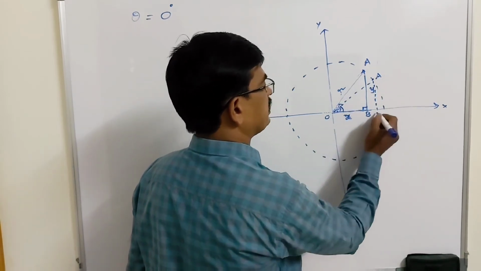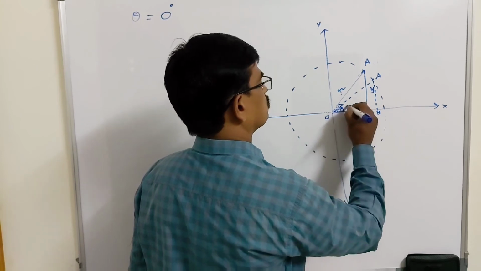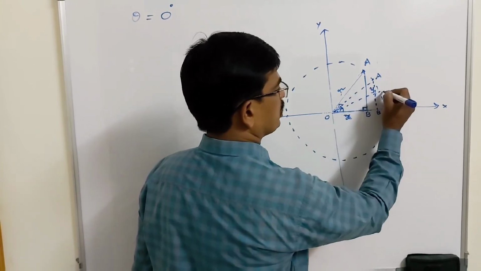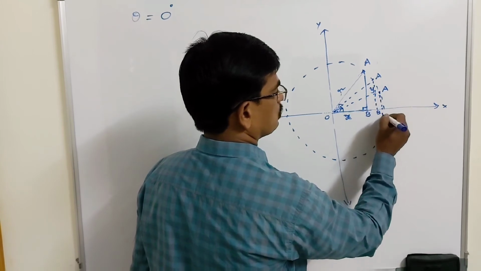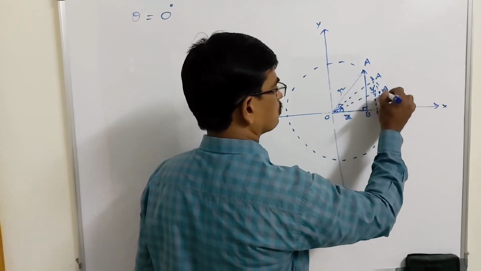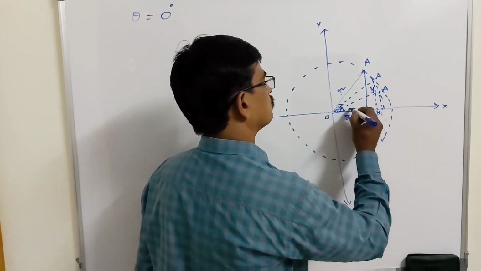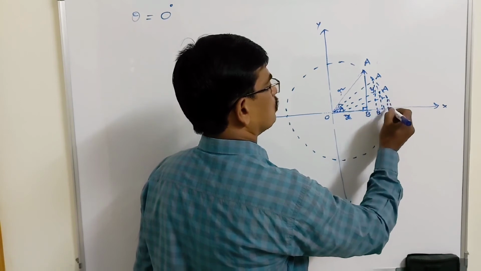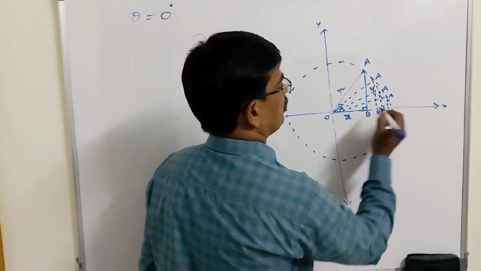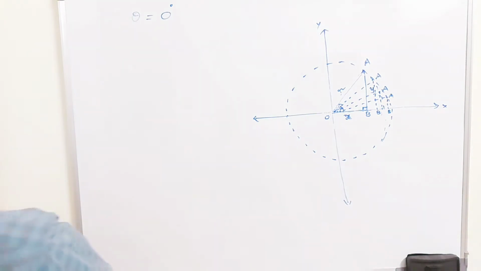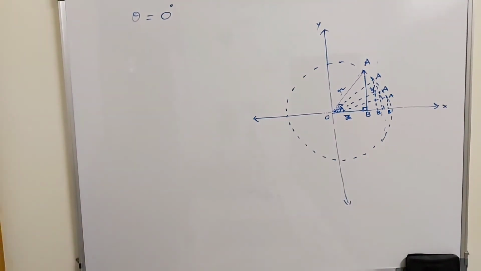The x value will increase here. If OA comes to here like this, when we observe, the value of AB, the vertical length, is going to decrease.